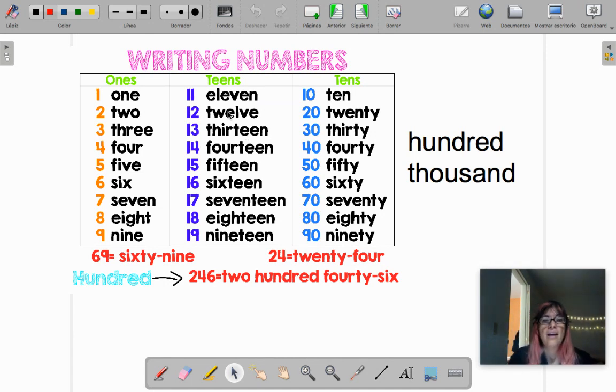Okay? So let's practice. In first grade, you learned all these three groups of words. The ones, the teens, which are all of them except 11 and 12, but all the others finish with teen: 13, 14, 15, 16. Do you see how all of them finish with teen, teen, teen?